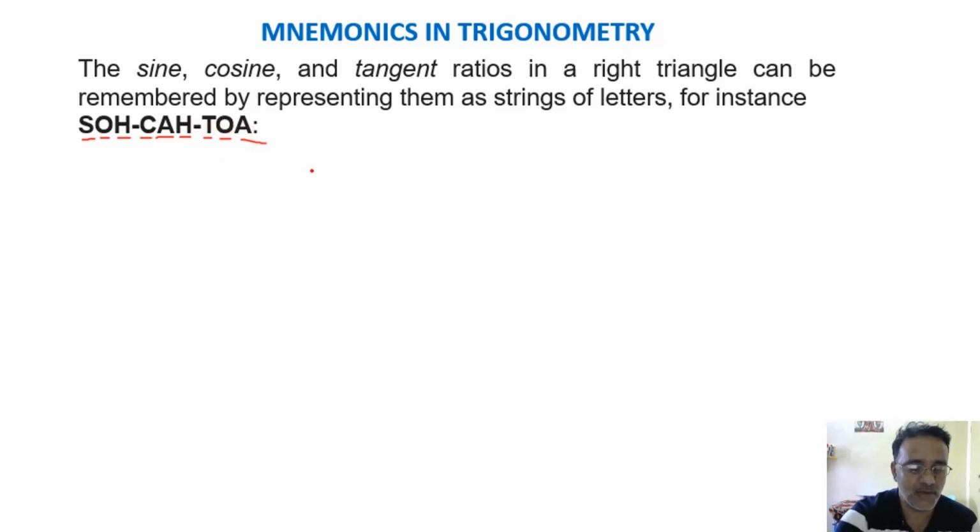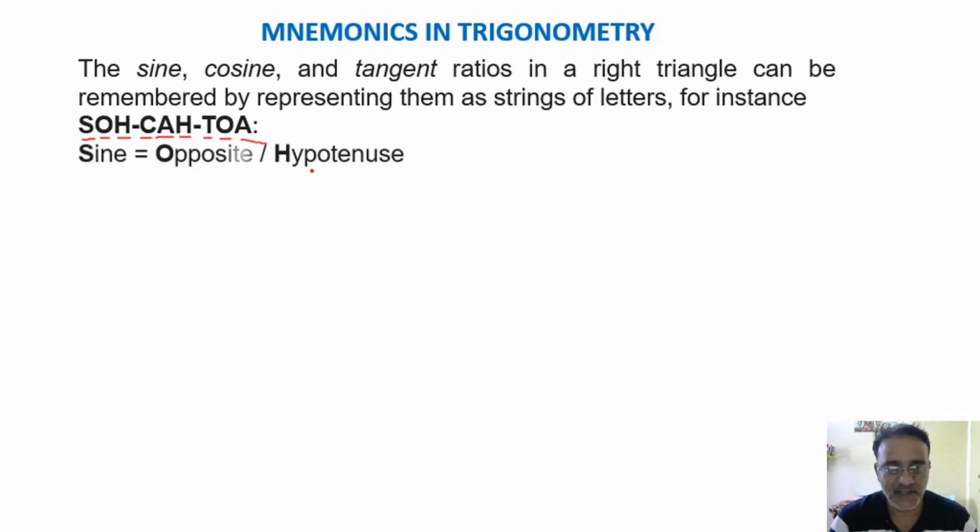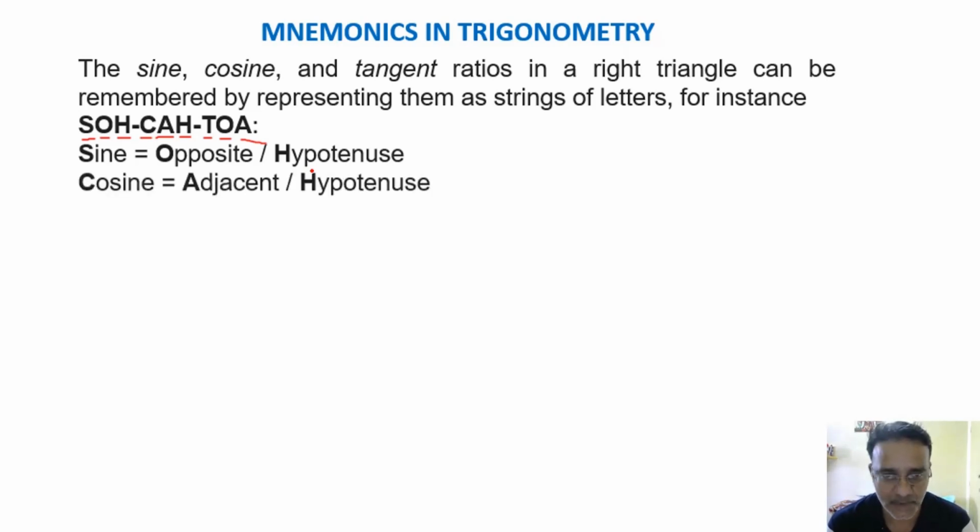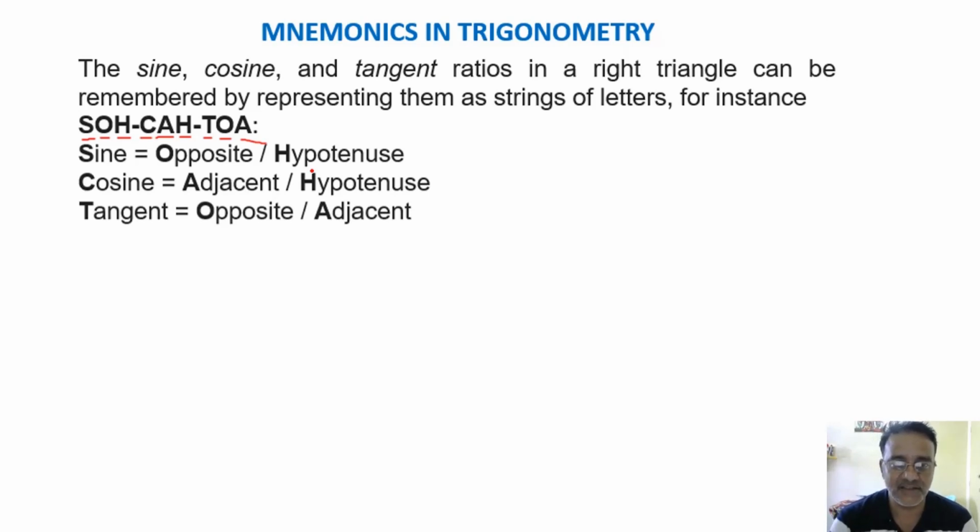If you remember this one, it is very easy to write all the formulas. SOH stands for sine is equal to opposite upon hypotenuse, CAH stands for cosine is equal to adjacent upon hypotenuse, and TOA stands for tangent is equal to opposite upon adjacent.